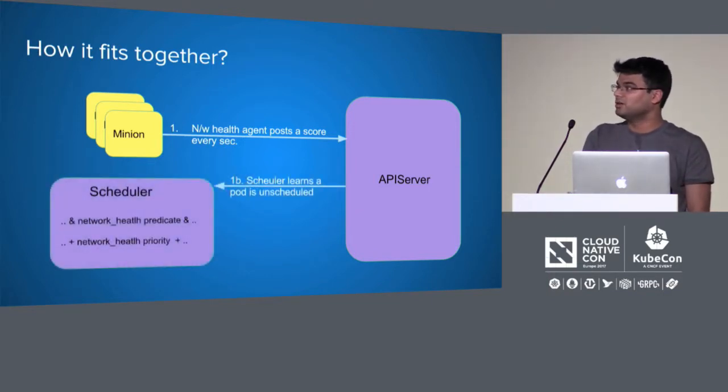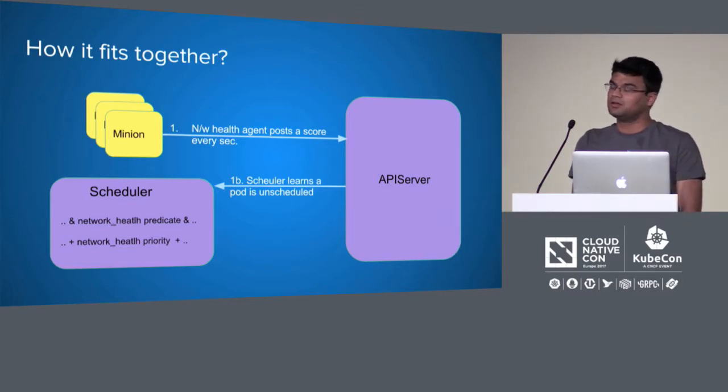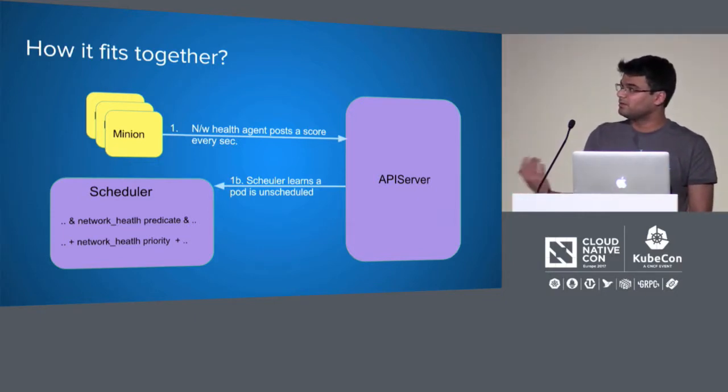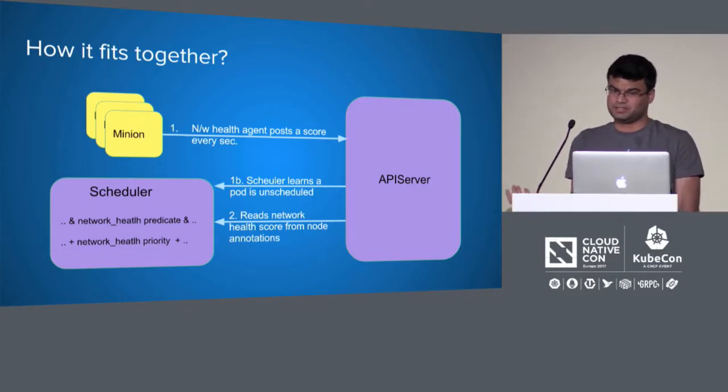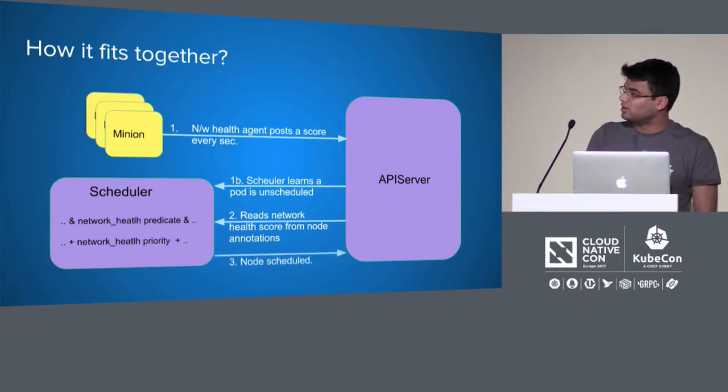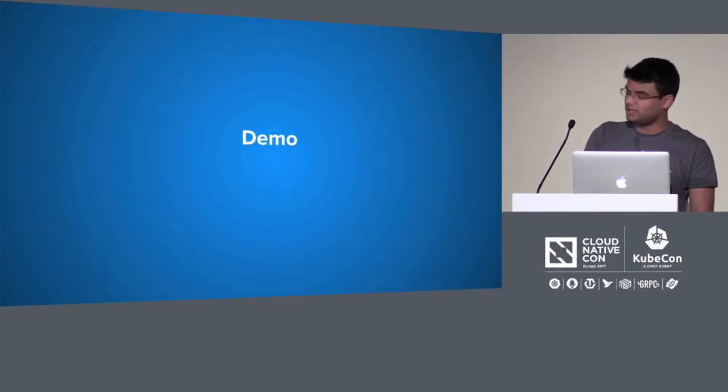Now whenever a pod is scheduled and the scheduler notices the need for it, the scheduling function kicks in. It reads the network score for all the nodes in the cluster, and based on that information, it decides which node the pod should be scheduled on.